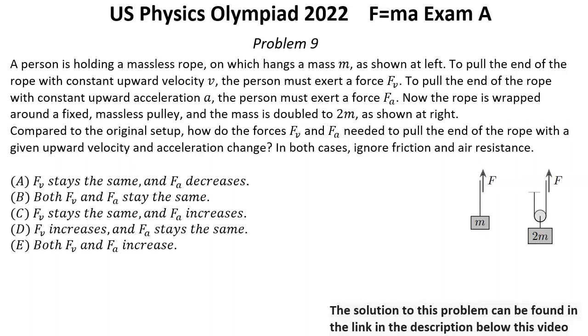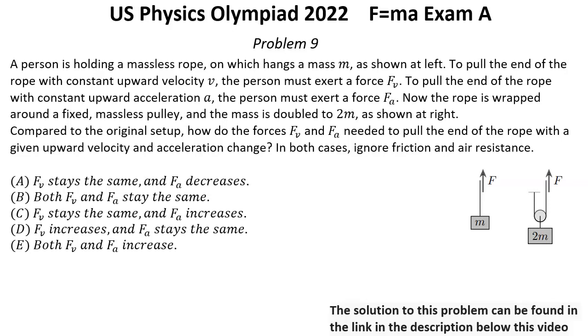Problem number 9. A person is holding a massless rope on which hangs a mass m as shown at left. To pull the end of the rope with a constant upward velocity v, the person must exert a force Fv. To pull the end of the rope with a constant upward acceleration a, the person must exert a force Fa.